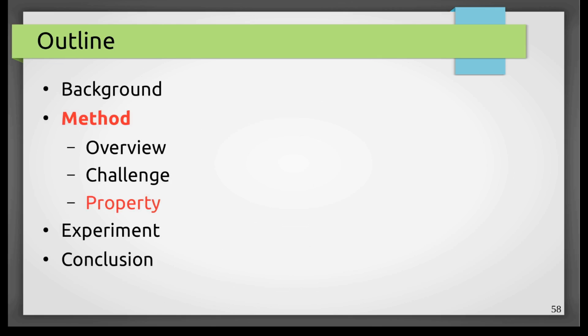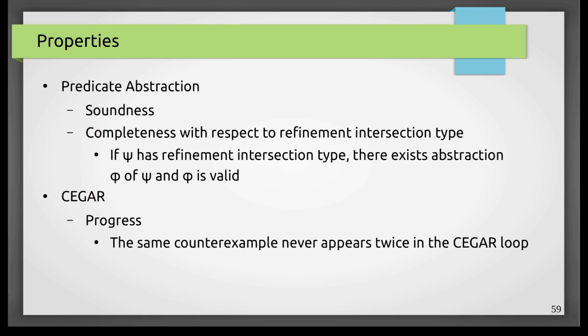We also show some desirable properties of the proposed method. For predicate abstraction phase, we showed soundness and completeness with respect to refinement intersection type. The latter means that if psi can be proven using refinement intersection type, it can be also proven by using our predicate abstraction.